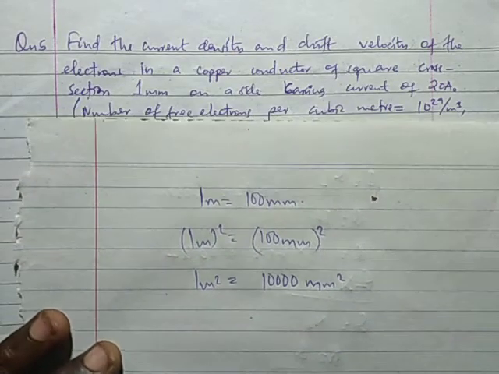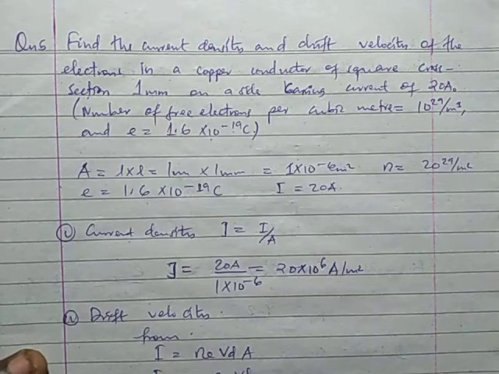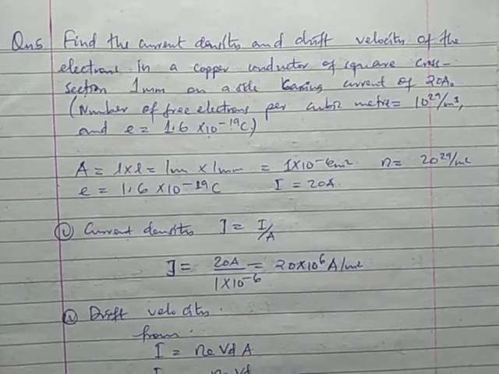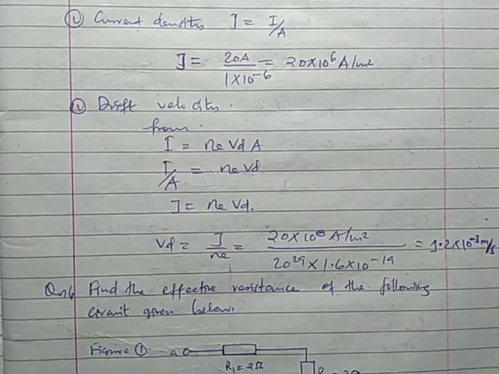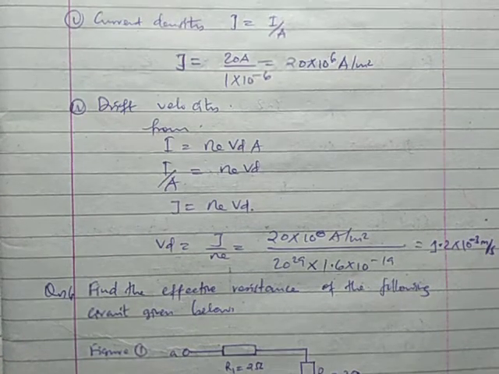Kwa hiyo ukija kuisolve hapo, utakuja kupata jibu kama hilo hapo, current density. So drift velocity ukitaka kupata hapo utatumia tu formula yetu ambayo tunaifahamu toka kule mwanzoni tuliyoderive.